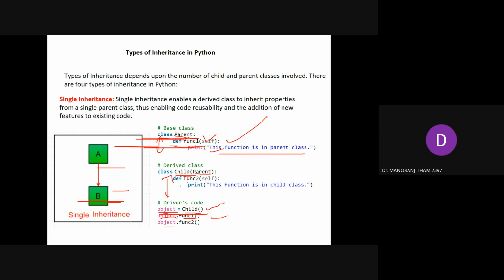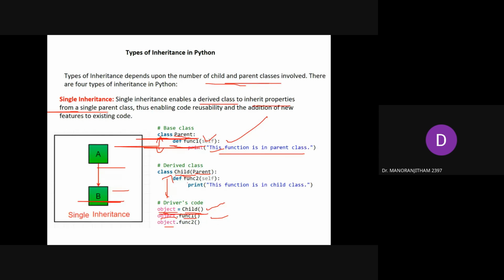This is the first type of inheritance. Single inheritance means it has only one child and only one parent class. It enables the derived class, that is the child class, to inherit properties from a single parent class.